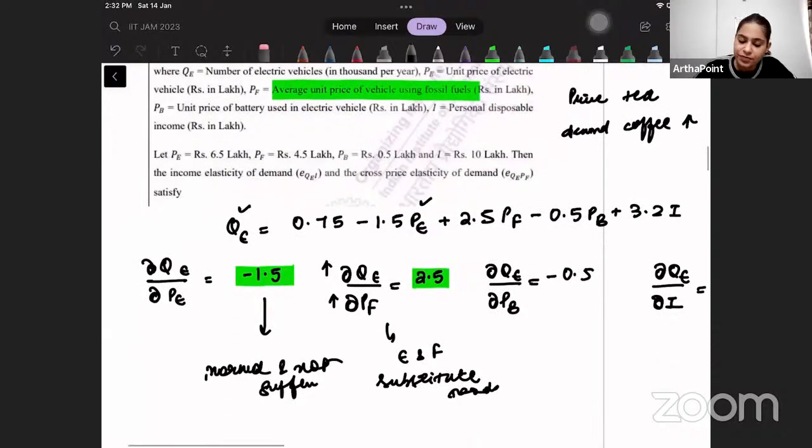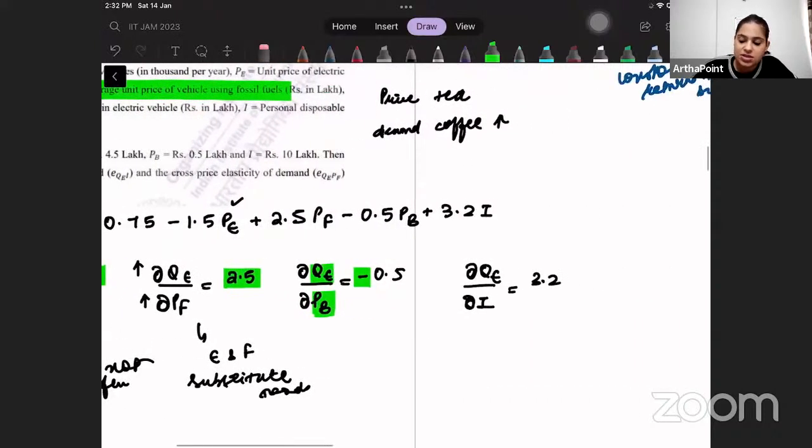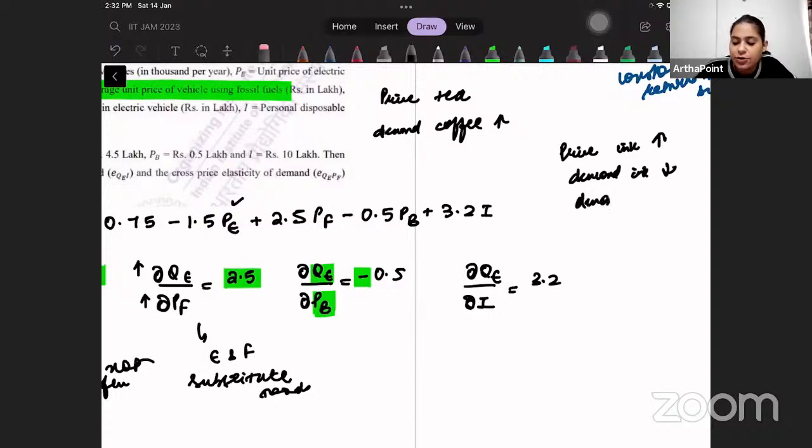Then come to the next one. This is a negative sign. So when PB increases, QE decreases. Again, let's think about this. When the price of ink increases, demand for ink decreases. Ink is used in pen, so demand of pen also decreases.